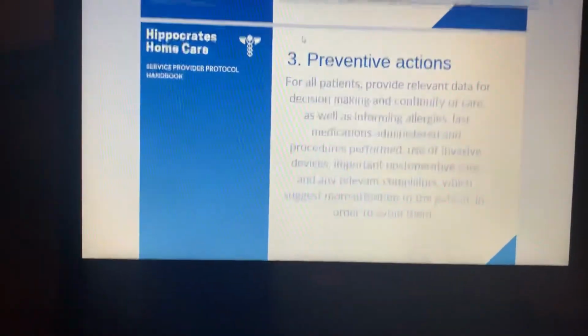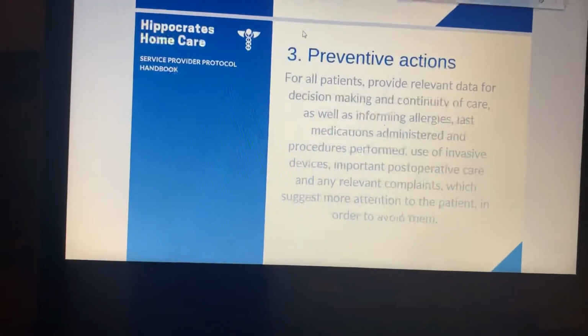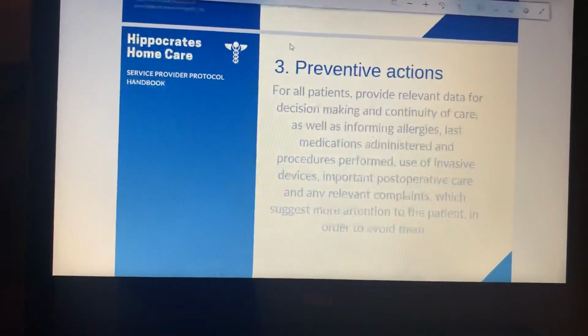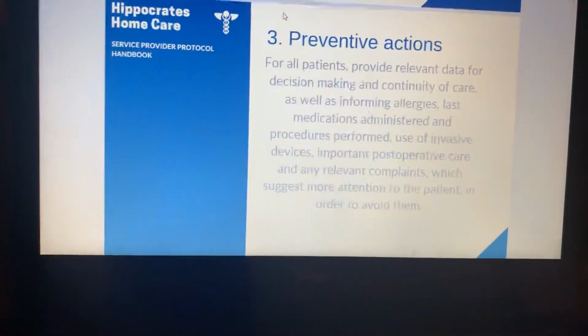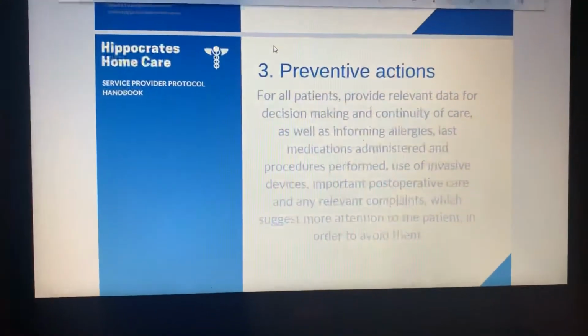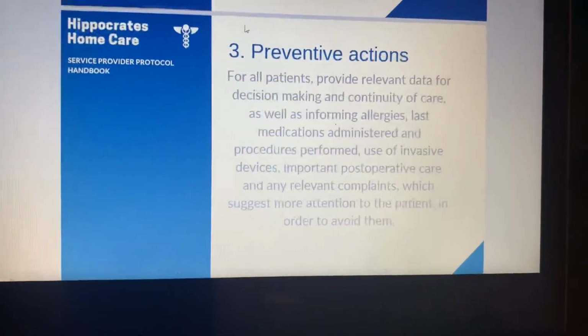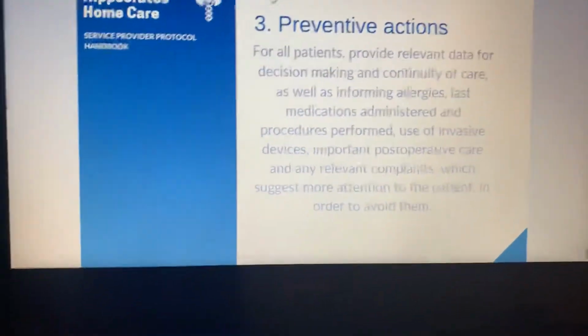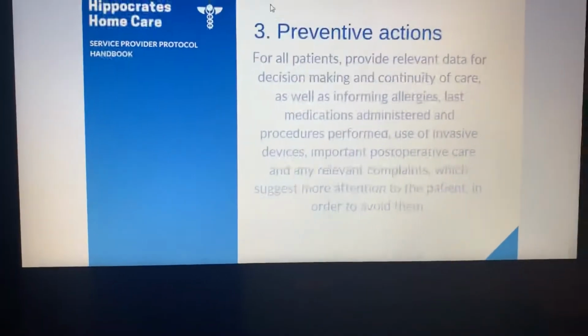So it's not just writing down everything the doctor did with the patient. It's a kind of preventive action. So you also have to write down everything you cannot do with the patient when you start taking care of the patient.